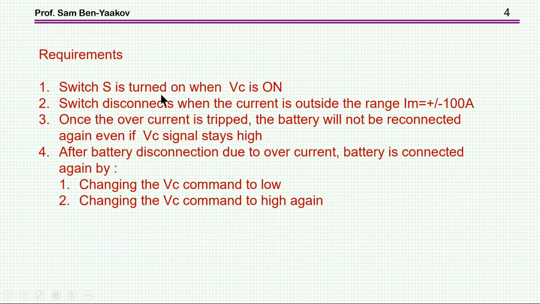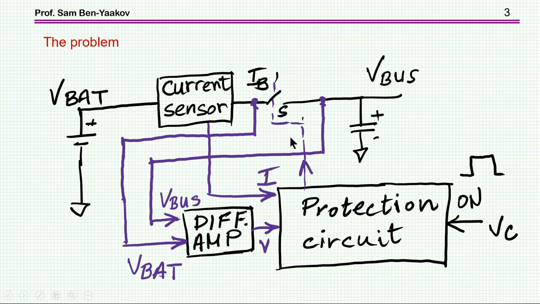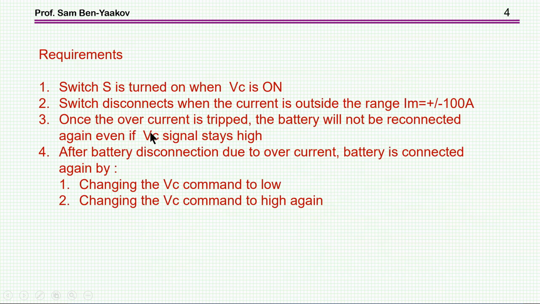So here are the requirements. The switch is turned on when VC is on. VC is this signal here. The switch disconnects when the current is outside the range of, well, this is just an example, plus minus 100 amp. Once the overcurrent is tripped, the battery will not be reconnected again, even if the VC signal stays on.